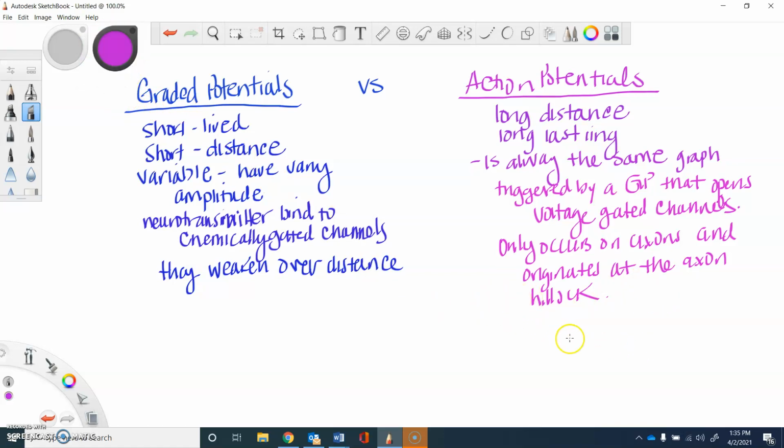They go all the way, so they go all the way or not at all. So make sure you understand the difference between the graded potential and the action potential. And this is a good way to test yourself, by looking at one versus the other.